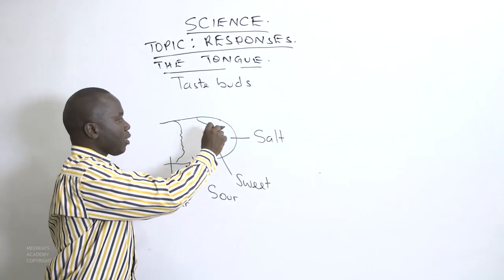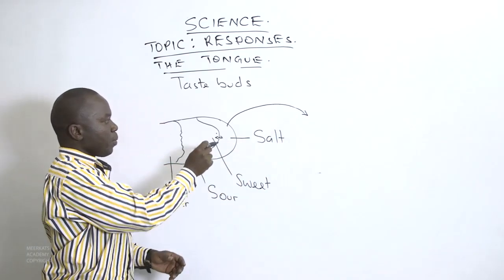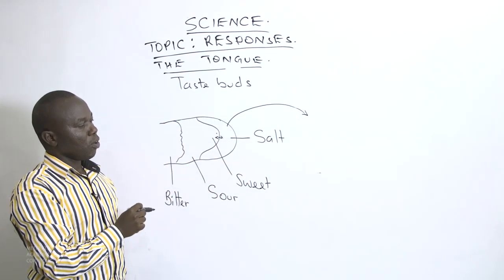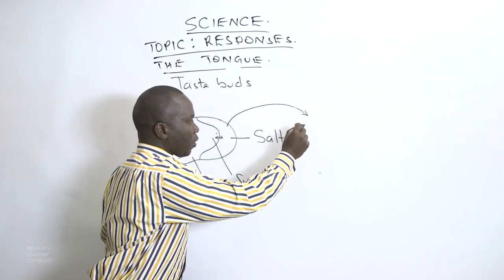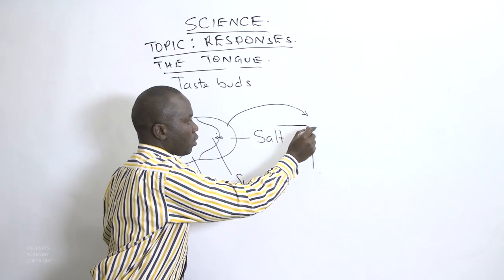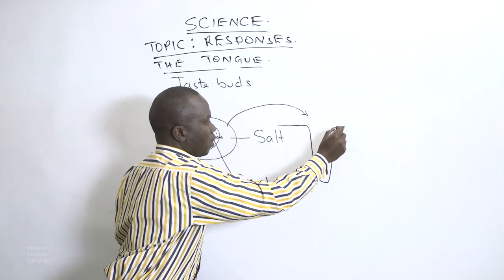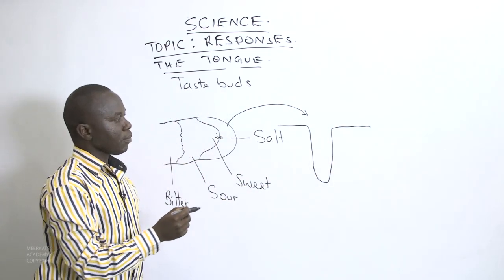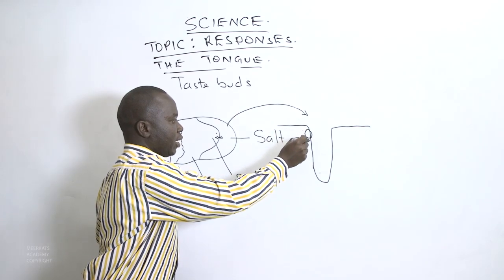But these taste buds are usually found in a groove. So if we pick this part of the tongue, there'll be a groove. We do a cross section of the tongue. So in this groove, we have cells.